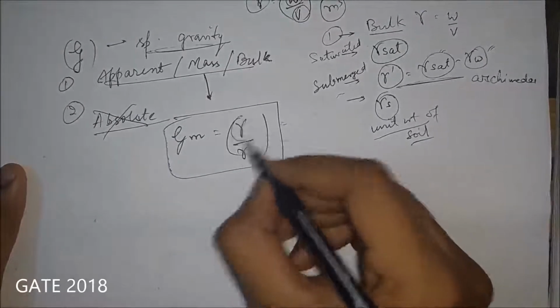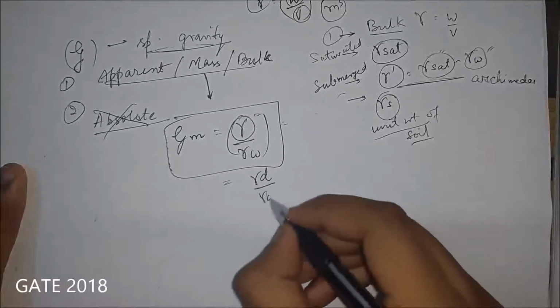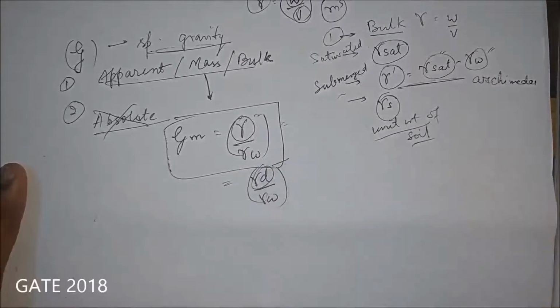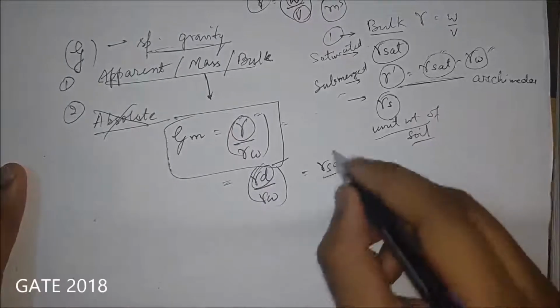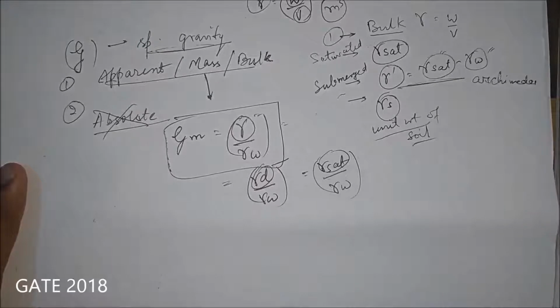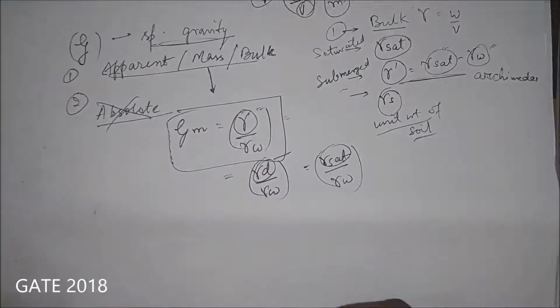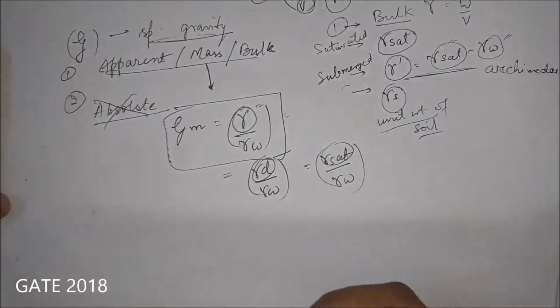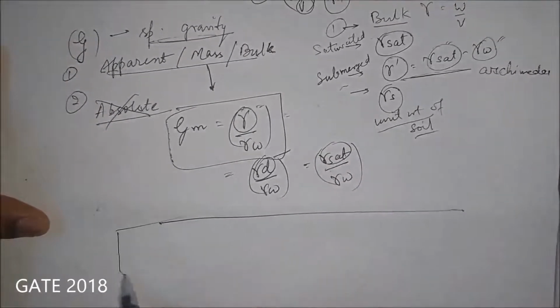Now there can be variations in this, such as gamma d by gamma w, which means the soil is in dry state, or gamma sat by gamma w in case the soil is in saturated state. Got it? Now I'm going to write one relation. Just remember this. This will help you in various forms.